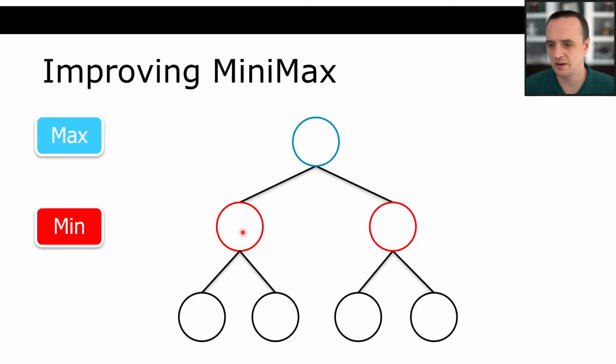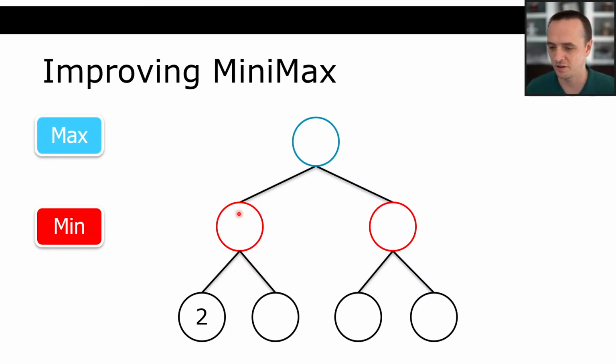So the minimizing player is going to be looking at these nodes and trying to minimize them. The first thing it says is, oh, so this node, the first child, that's a 2. So what can I think about now as a rational algorithm? So I actually know for a fact that the result of this node, what can I say about it? Just take a second to think about it. Pause the video and think.